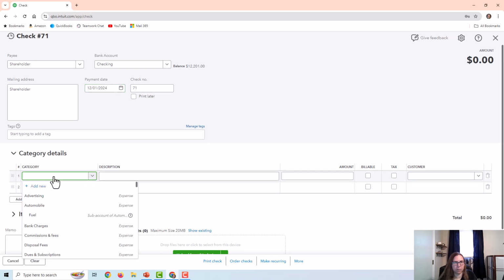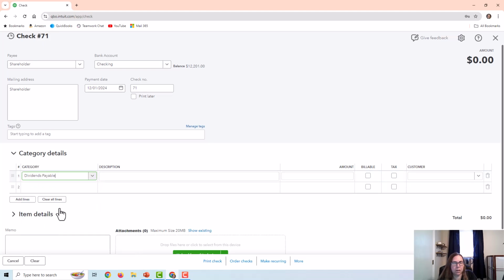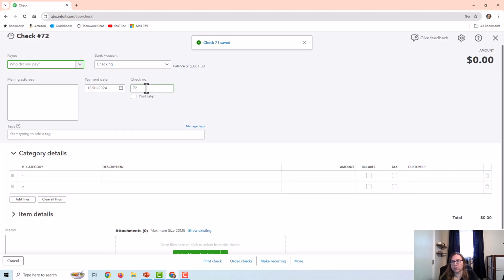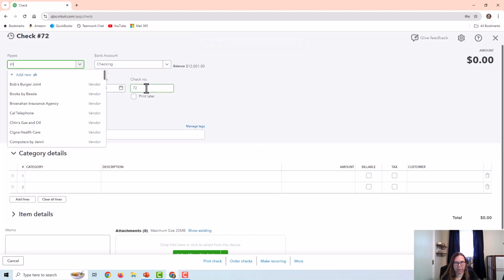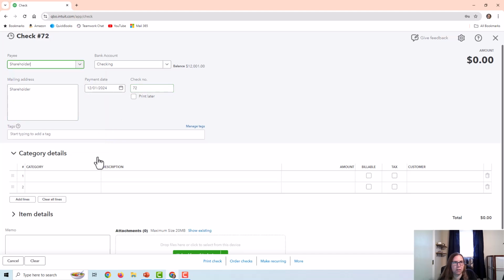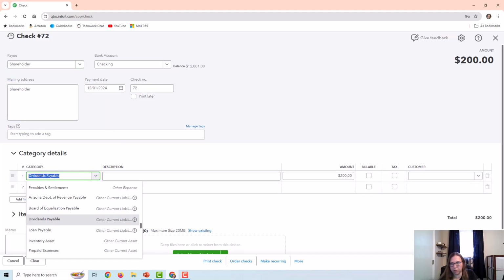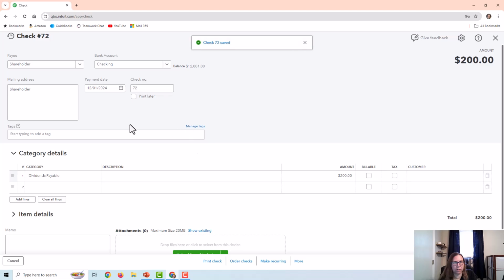And my category would be dividends payable. So this is going to have the same debit credit effect as the journal entry I had on the PowerPoint slide. So let's say this was 200, and then I would save and new and do this same thing 10 times and have 10 checks to match what actually happens on the bank side. So I'm just going to go ahead and enter these real quick.